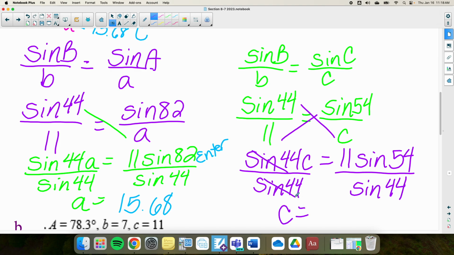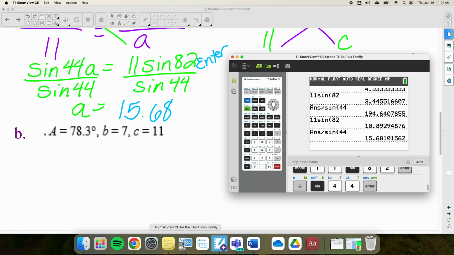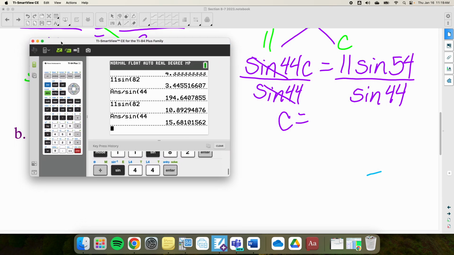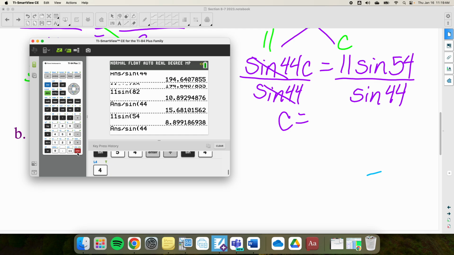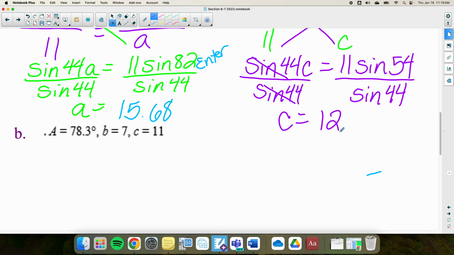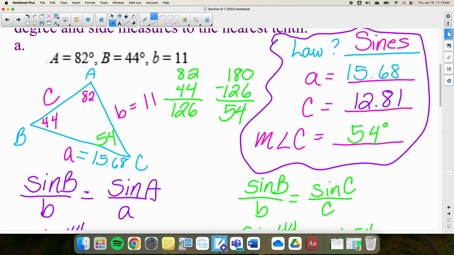And when I do that, I would get 11 sine 54, enter, divided by sine 44. And that's 12.81. Okay, that's little c is 12.81. So these would be your answers then for that.